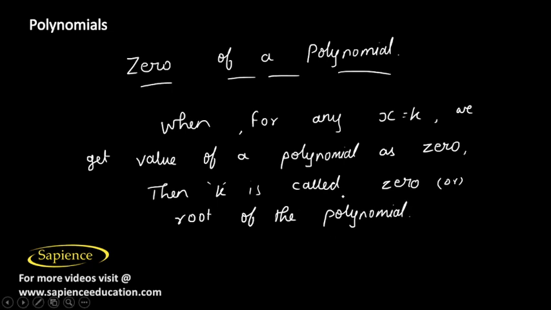Let us look into this with some examples. Take this polynomial, for example, 2x plus 7. So our f of x is 2x plus 7. This is the polynomial that we have chosen. Let us try substituting minus 7 by 2 here.